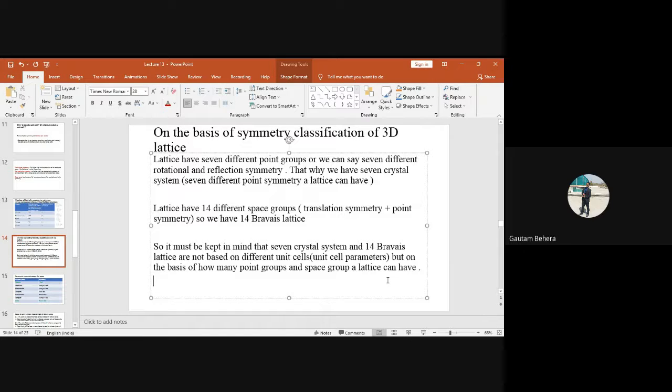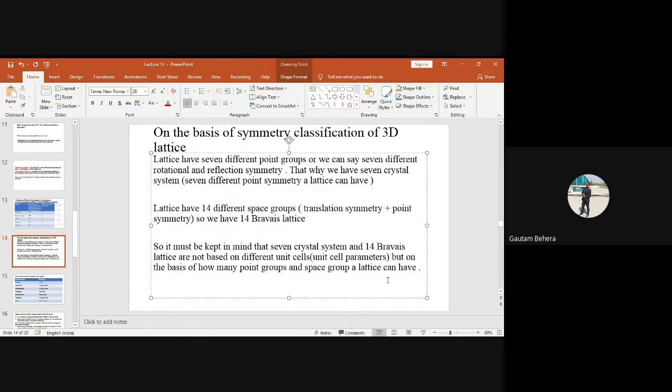If you remember, I told you we can have different lattice parameters, where a = b = c and alpha = beta = gamma. But we can also have a ≠ b ≠ c and alpha ≠ beta ≠ gamma ≠ 90 degrees. We can have a lot of lattice parameters. If you go through the lattice parameters, you'll end up with a wrong answer.